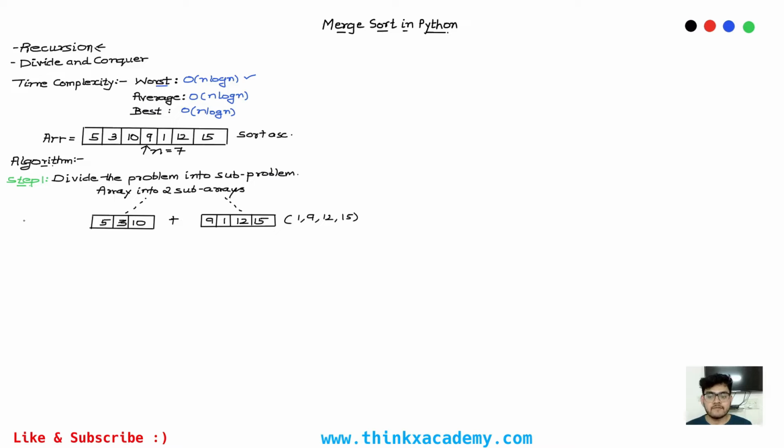So if I have this solution, which is 5, 3, 10, 1, 9, 12, 15, I will use an algorithm to sort these two sub arrays, and we will discuss that whole algorithm here in this tutorial. But first it is an assumption that we have already done the sorting, right? So now these two are sorted.